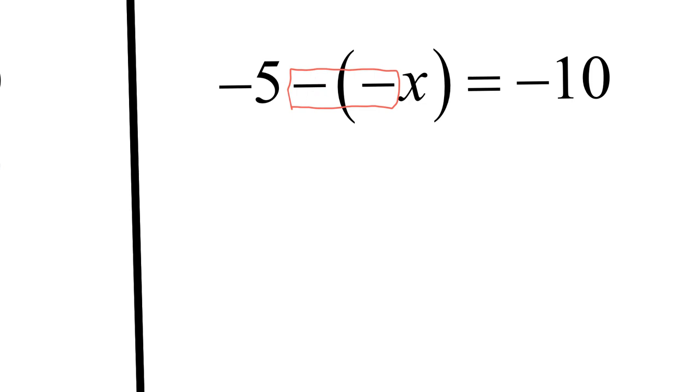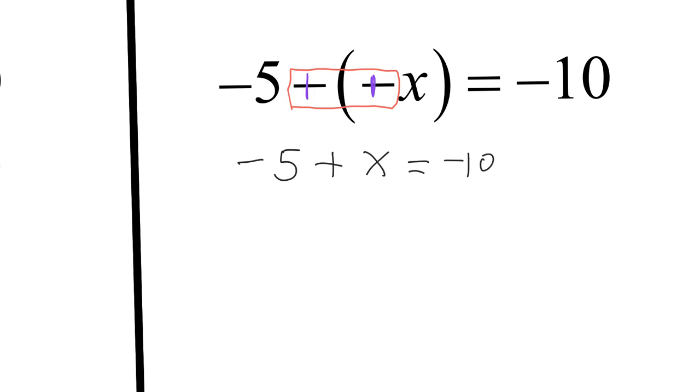You have to multiply negative times negative. So that's going to become positive. Let me just put the plus again here so we can see plus and a plus. So you bring down the negative 5, you make that a plus, x, no more parentheses because you already changed that negative and a negative to a positive, equals, and we have a negative 10.